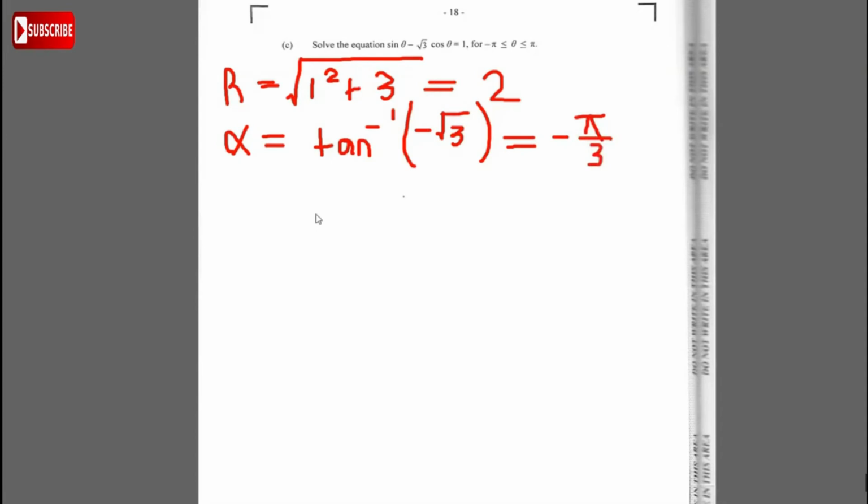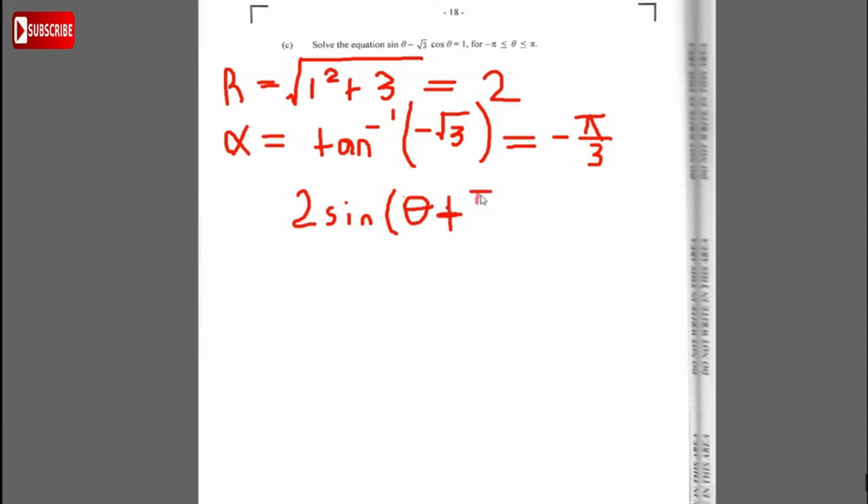And so to put it in the r sine form, I can rewrite this side as 2 times the sine of theta minus alpha, and alpha is minus pi by 3, so minus and minus become plus.